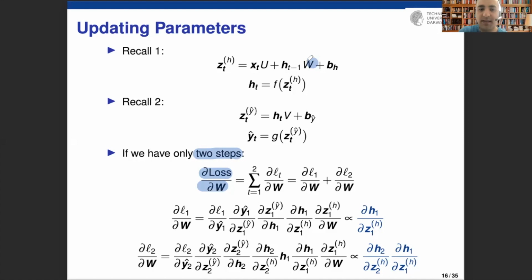As we discussed, the loss of the whole sequence can be the average, or just for simplicity, we take the sum. So it's the loss at the first step plus the loss at the second step. The only thing that we need to calculate is the derivative of L1 with respect to W and the derivative of L2 with respect to W. So let's start with the derivative of L1 with respect to W. L1 is the difference between y hat and y, right?